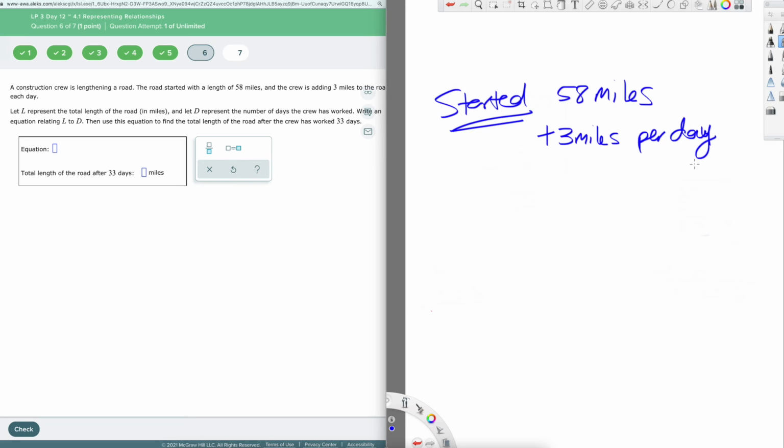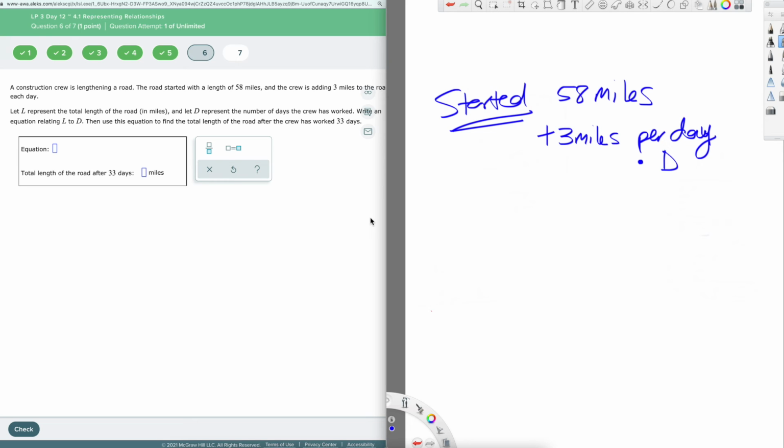So now it says let L represent the total length of the road, and let D represent the number of days. So instead of per day, we're going to write times D. Per means multiplication, and D instead of day. And then this is going to equal, if I add 58 miles plus the miles that they've done that day, the total length of the road, right?